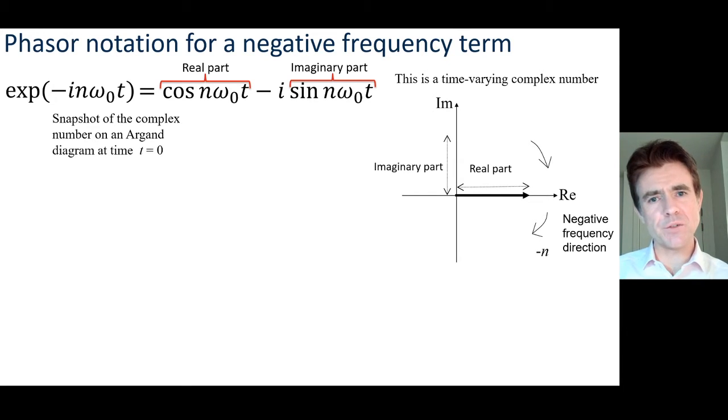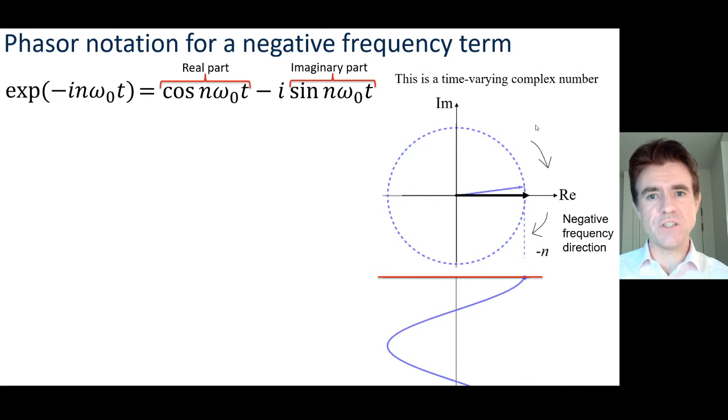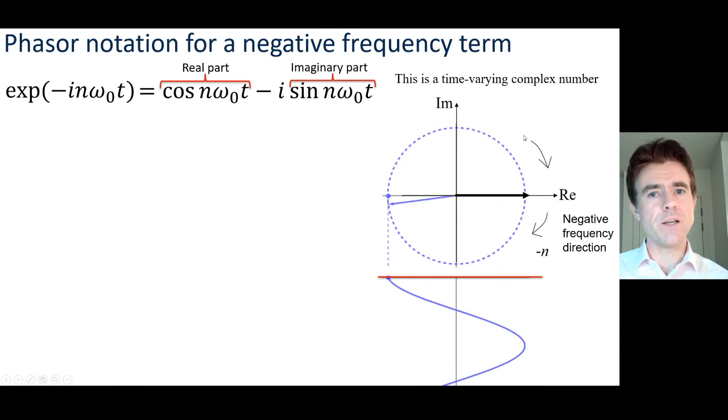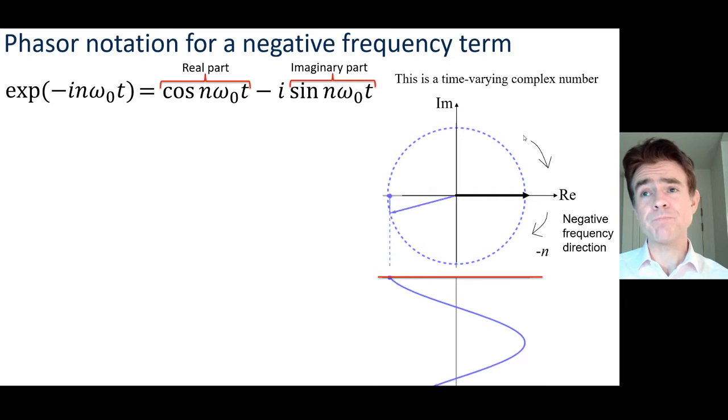And that's really the key in understanding negative frequencies, that really we're just flipping that imaginary part, and so that means that we get this mirroring in the real axis, which means if we've got a positive frequency that's going in an anti-clockwise direction, when we look at the negative frequency, we have a phasor tracing out a clockwise circle. So let's take a look at that now. This is the real component, which looks identical for the negative frequency as for the positive frequency, because cos is an even function.